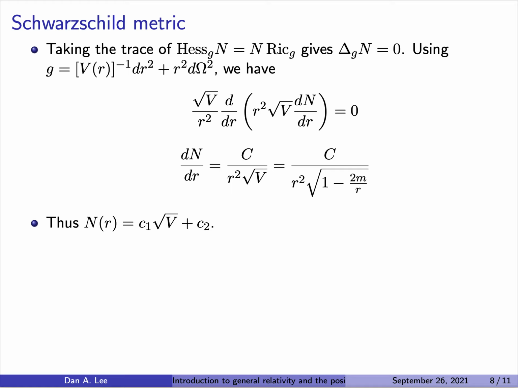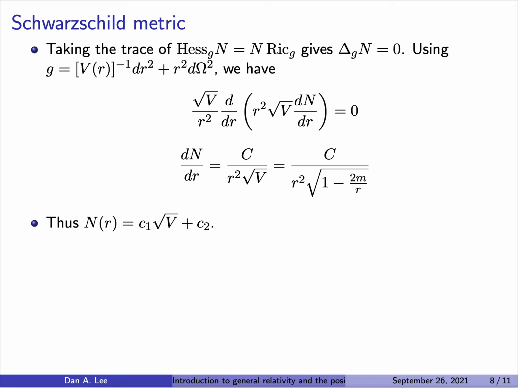So writing it in a more compact way, you see that n of r is some integration constant c1, where I absorbed the old capital C into this c1, times square root v plus some integration constant c2. So in other words, we've seen that if n is going to satisfy that Hessian equation, then n has to be of this form.